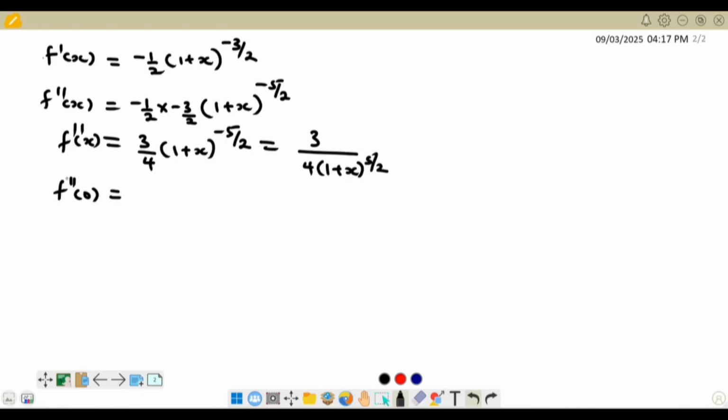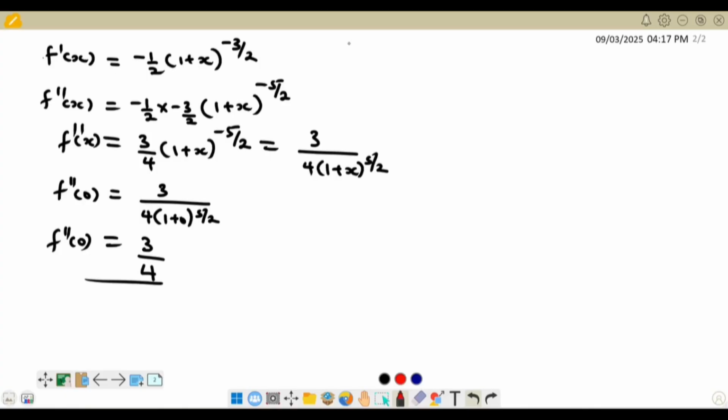So f double derivative of 0 will be the same as 3 upon 4 into 1 plus 0 to the power of 5 divided by 2. So this will remain 3 divided by 4 as f double derivative of 0. So we have got f double derivative of 0.